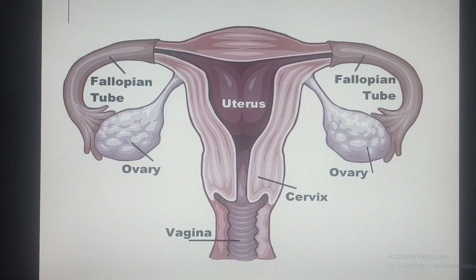So as you can see, the ovary is a paired structure. We have one on the right and one on the left, and it is a roughly oval structure. And remember that developmentally it actually descended from the level of T10.